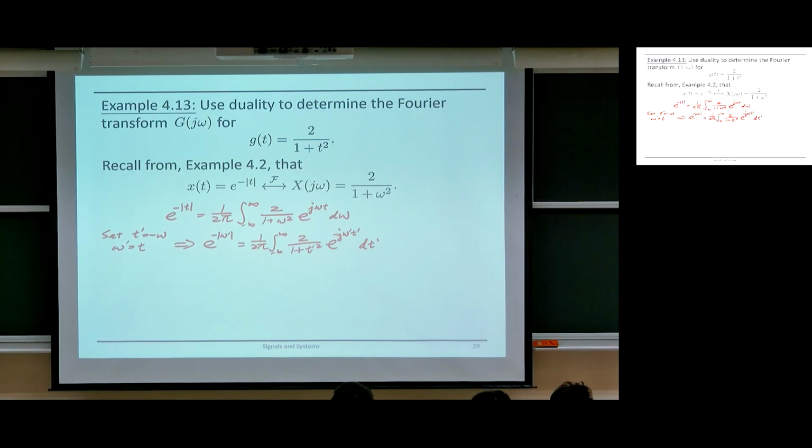Okay? So therefore, if you move this 2 pi to the other side, then what you have here is the Fourier transform of g of t. Okay? So hence, g of t, which is this 2 over 1 plus t squared, has a Fourier transform that is 2 pi e to the minus |omega|.